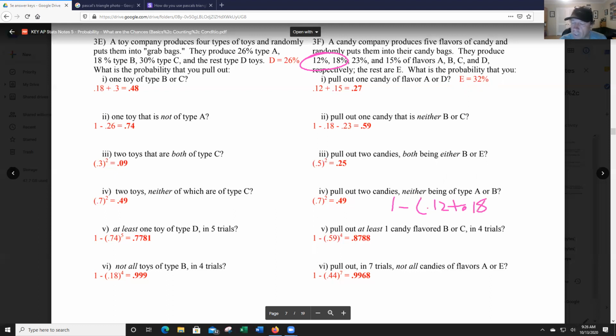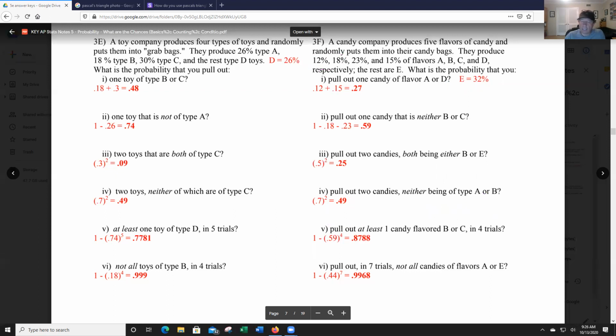I know I'm going the long way here. That ends up being 0.7, and then you're going to square it. And again, we're assuming that we have so much candy that pulling one out does not significantly change the percentage. So we're just going to keep the same percentage and not worry about doing a non-replacement situation.